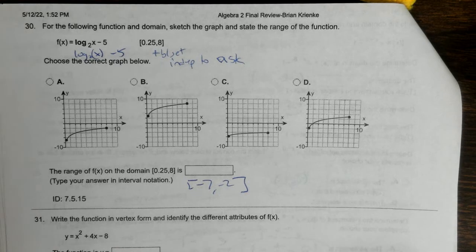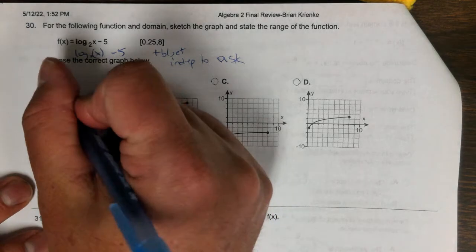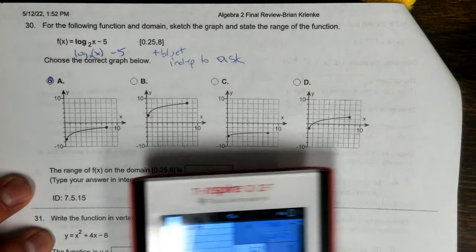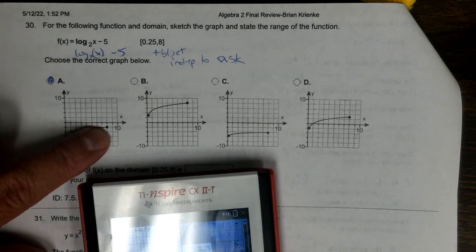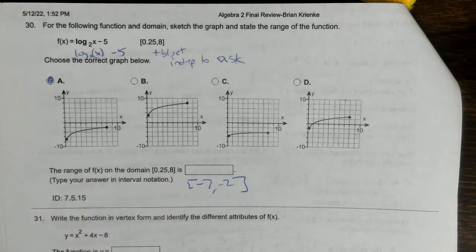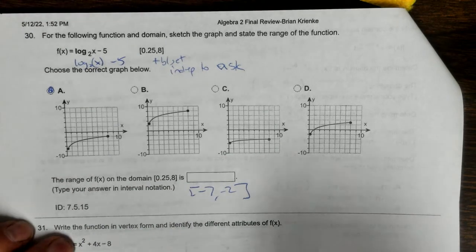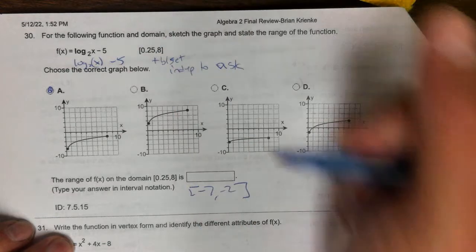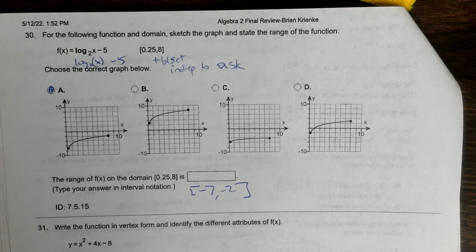And the graph that goes along with that is because it was that one. So again, open your table, change your table setup, change independent to ask.